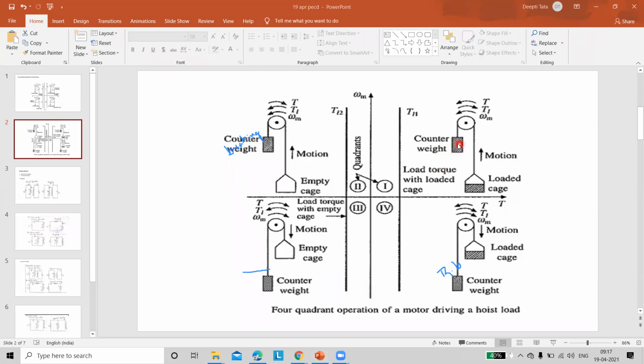The weight of the counterweight is always between the values of the empty cage and the loaded cage. Remember, the cage is sometimes loaded and sometimes empty. So the counterweight lies between the empty cage weight and the loaded cage weight. This is the first thing you have to remember in this topic.